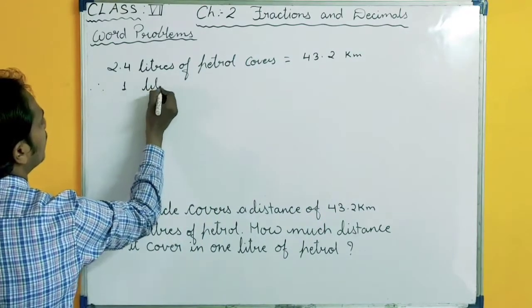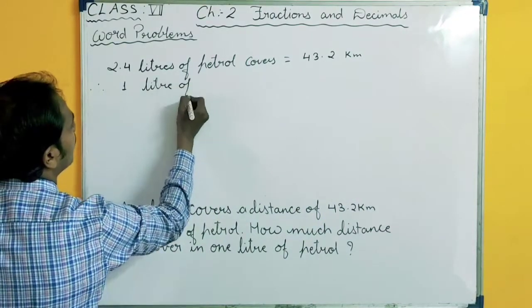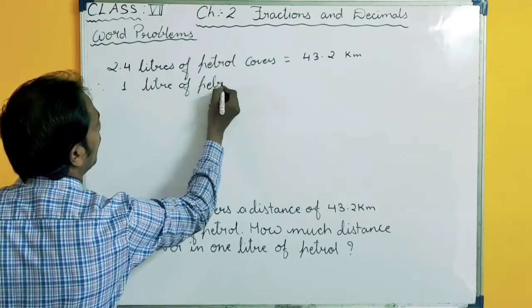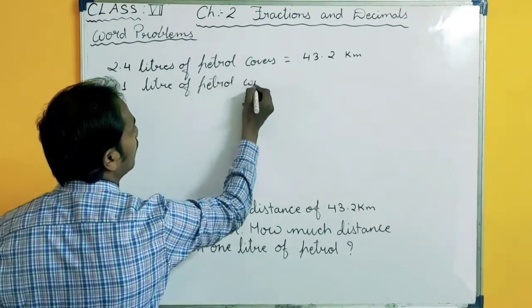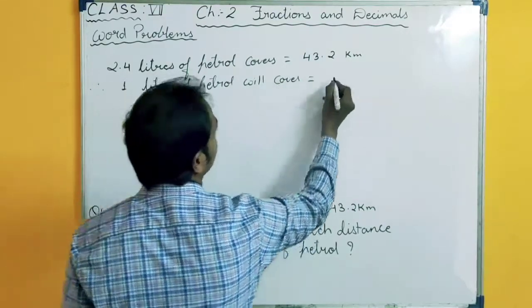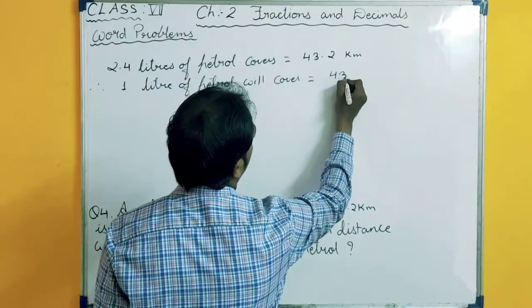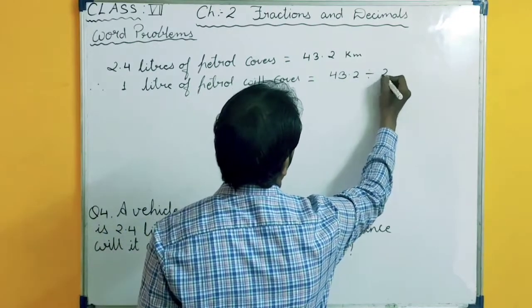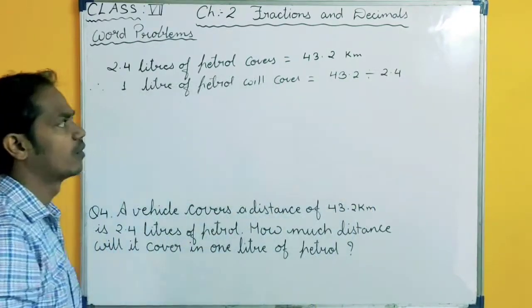Therefore 1 liter of petrol will cover equal to 43.2 divided by 2.4.